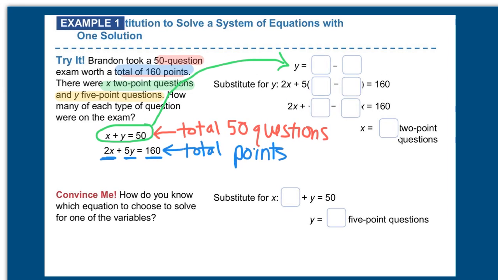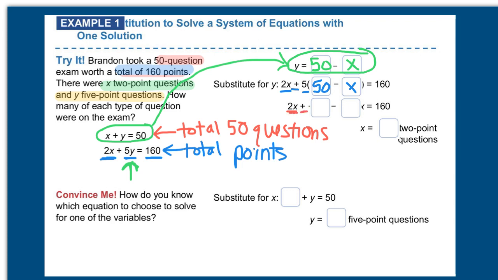So I'm going to have 50 minus X. I'm going to take this and put it right here in the second equation. Instead of a Y, I'm going to write that. So notice they've got the 2X, they've got the plus, they've got the 5, and instead of a Y, we're going to put 50 minus X. Okay, here comes all those old math skills.